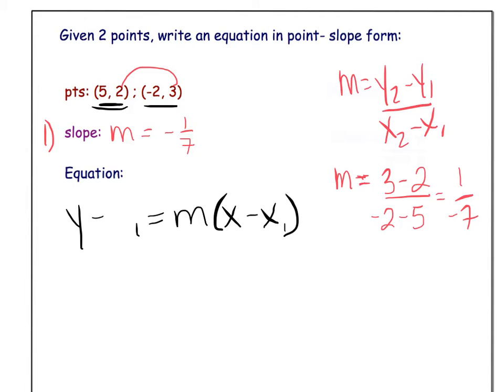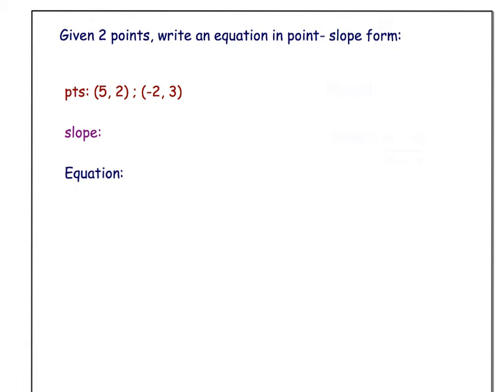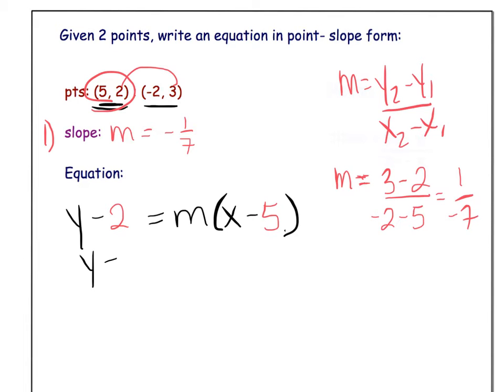So I'm going to use my point. Let's see, I'll just pick the first one. 5 would go here because it's my x-coordinate, and 2 would go there because it's my y-coordinate. And my slope, I know now, I would replace my m with negative 1/7.